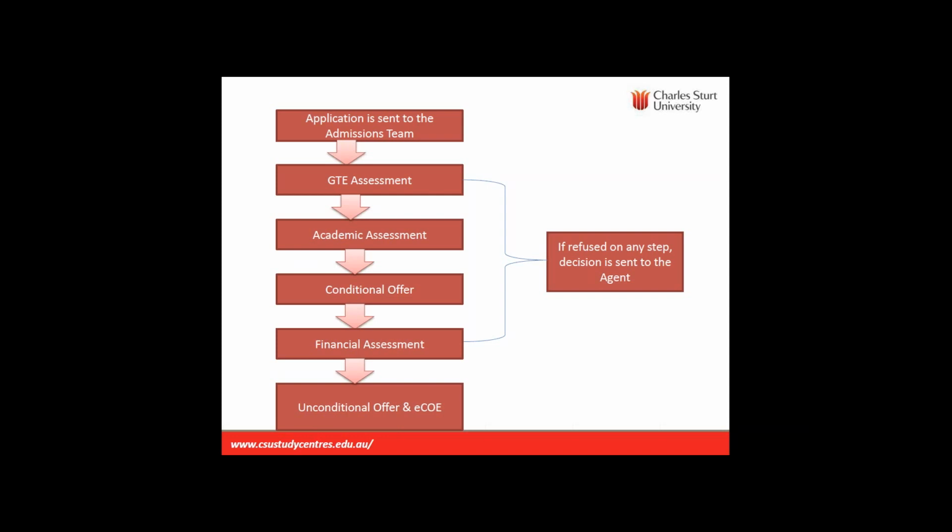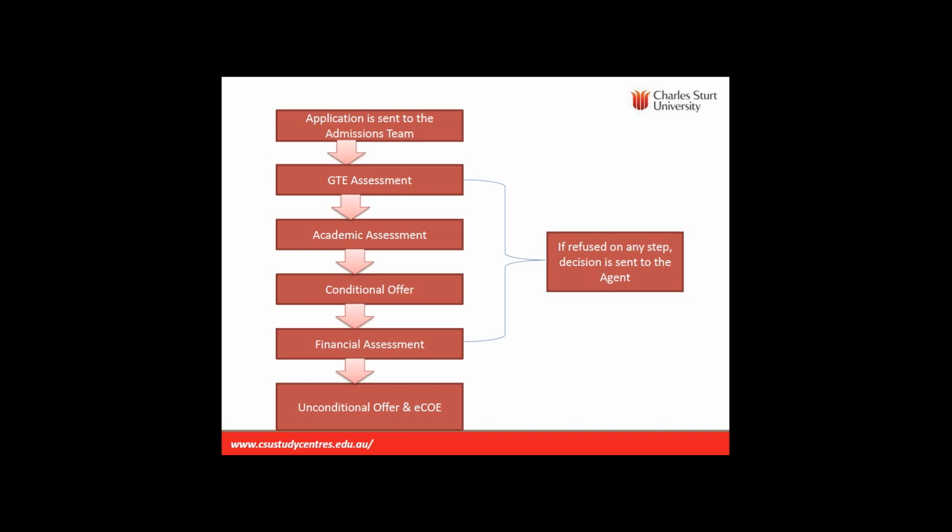But if at any stage, on any step, there is a refusal from the admission team, the decision would be sent to you as an agent, and then you need to share it with the student. But once the refusal has been sent, it would be quite difficult to reapply.